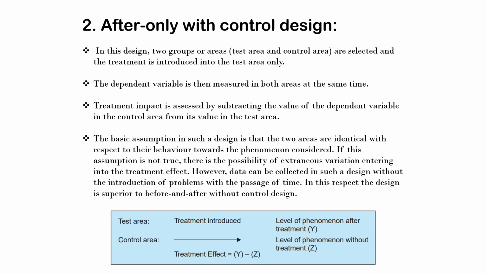The basic assumption is that the two areas are identical in their behavior, so the treatment effect can be shown easily by subtracting the level of the experiment without the treatment from the level of treatment activity in the test area.